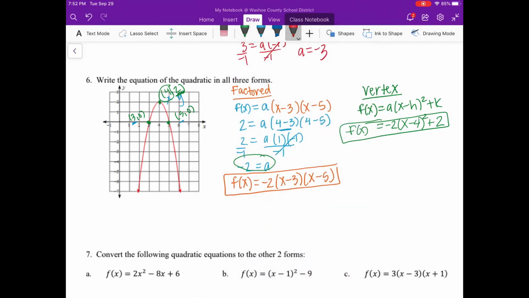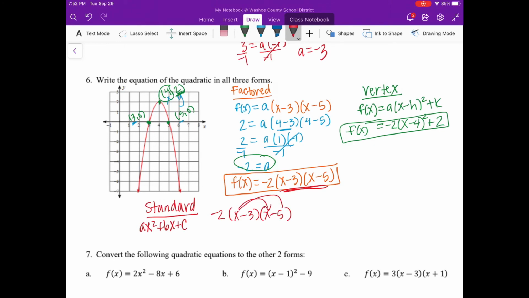And the last form we are going to write down is standard form. So standard form looks like this: ax squared plus bx plus c. And to get to standard form, we are going to have to take factored form and multiply it out. So I'm going to multiply out x minus 3 times x minus 5 first.